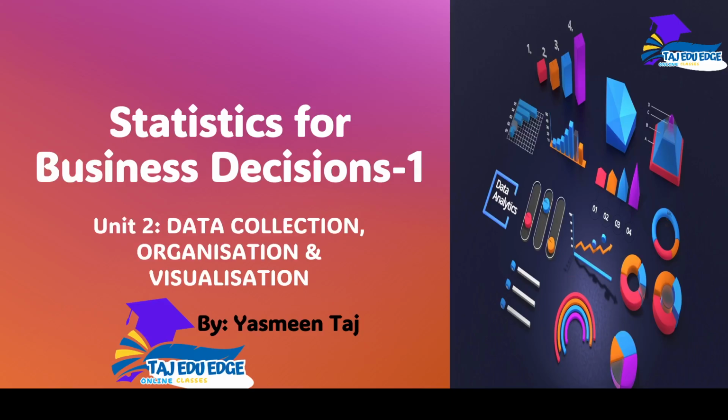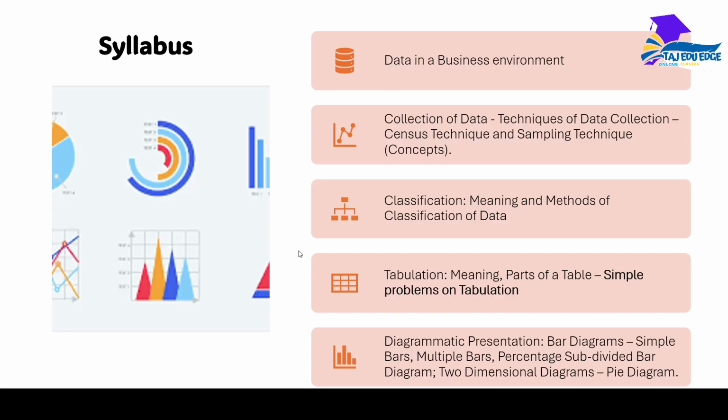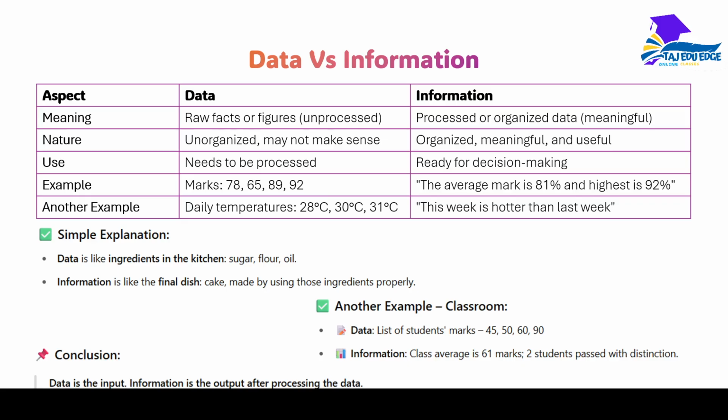In the series of statistics for business section 1 for first semester students of Bengaluru City University, I have started Unit 2 Data Collection, Organization and Visualization. In my previous videos, in video 1, I have covered the syllabus of this unit, the meaning, the differences between data and information.